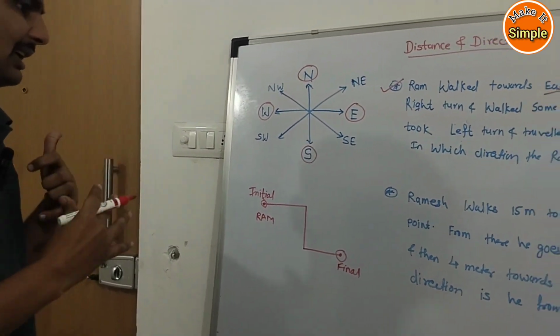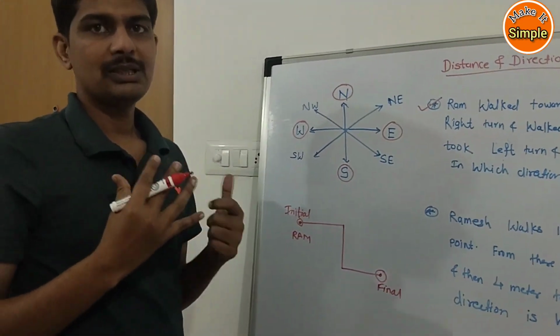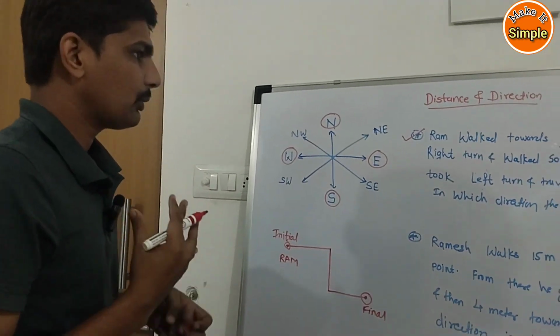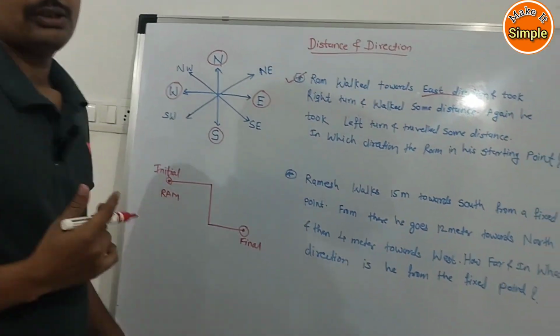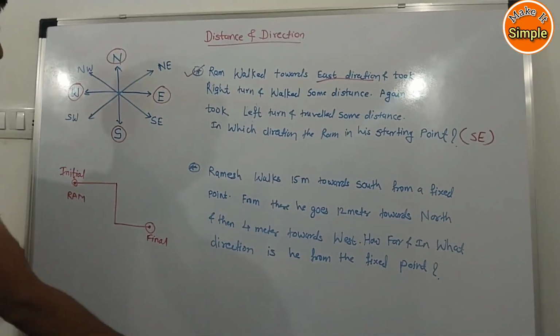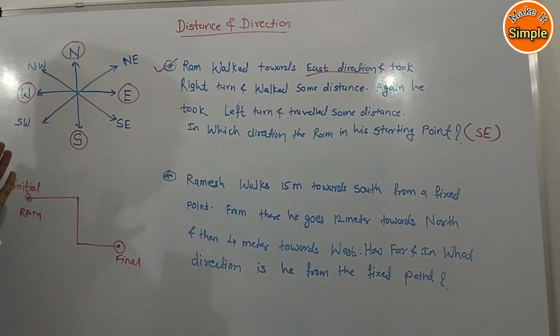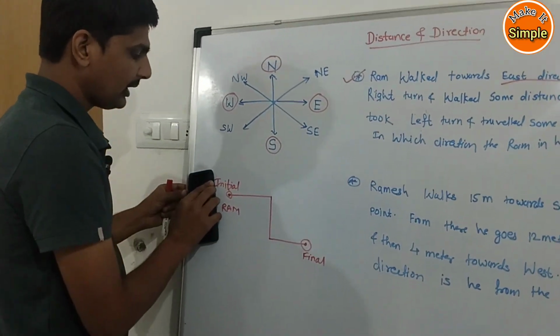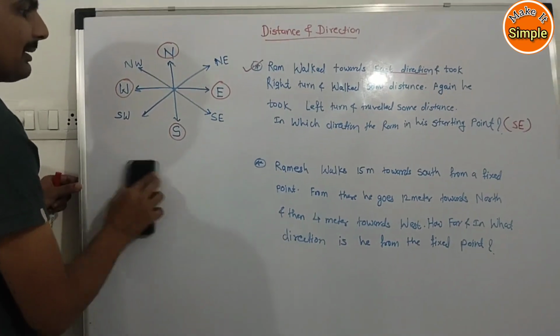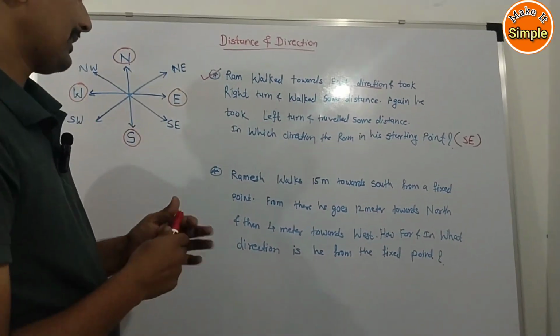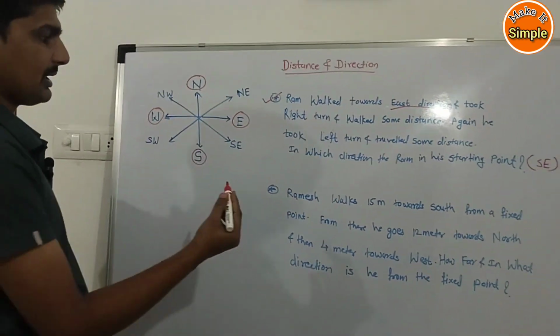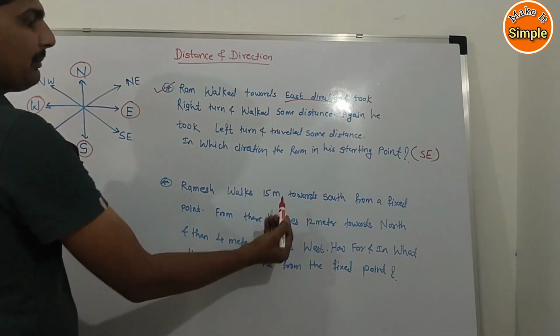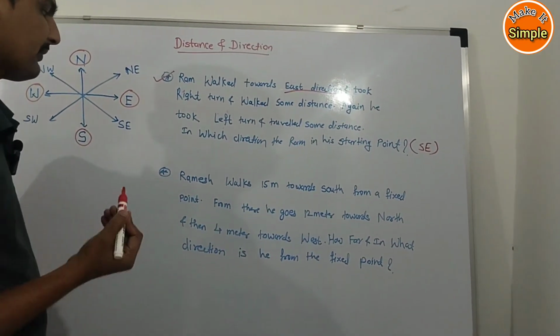Okay, hope you have cleared the concept of direction. Now to understand it more deeply, let us discuss another example. I hope you have cleared the first example. Now let us move towards the second example. They have said that Ramesh walked 15 meters towards south from a fixed point.